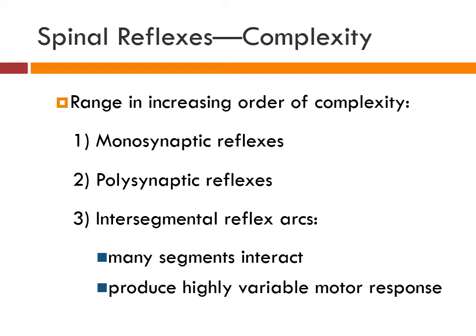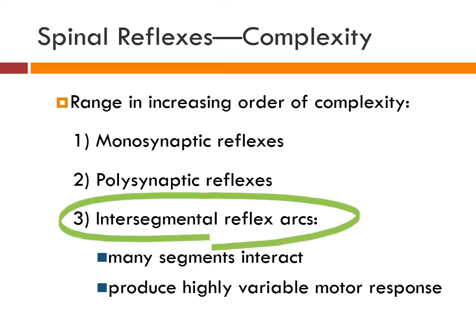The complexity of reflexes is going to increase in order from simple, which would be monosynaptic, 2 neurons, 1 synapse, to polysynaptic, which is multiple neurons, multiple synapses, to the most complex, intersegmental reflex arcs, which include many different spinal segments, and these intersegmental reflex arcs can produce a highly variable motor response.